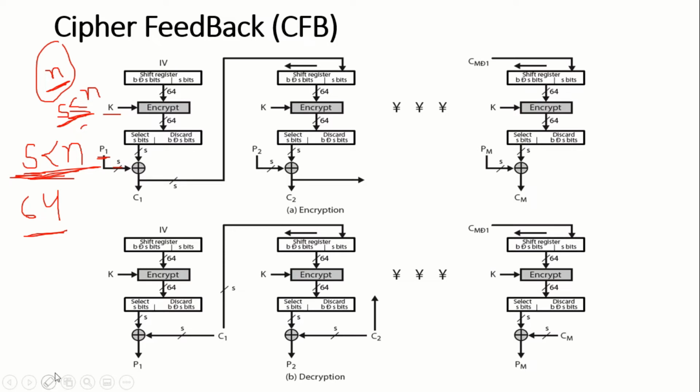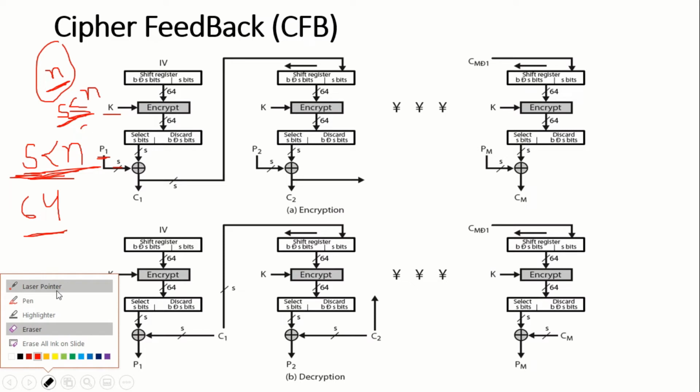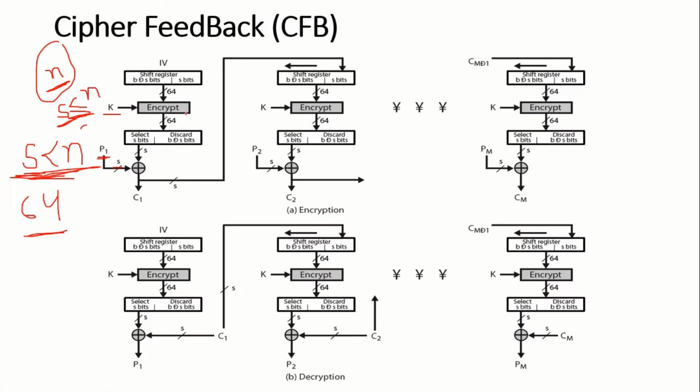And say for example this plain text, which we have broken into a number of blocks, each block is of 50 bits.